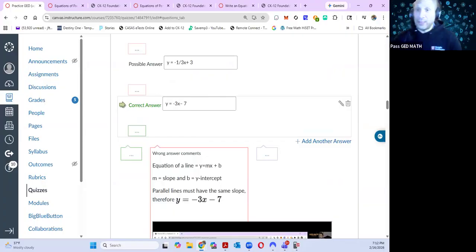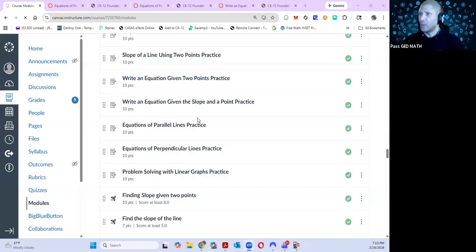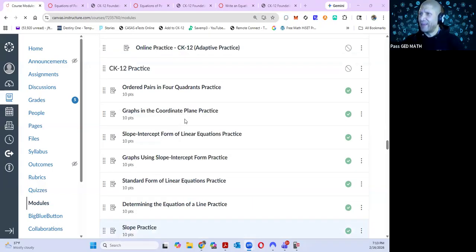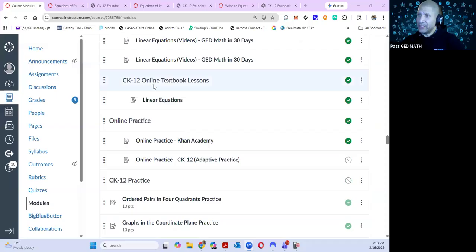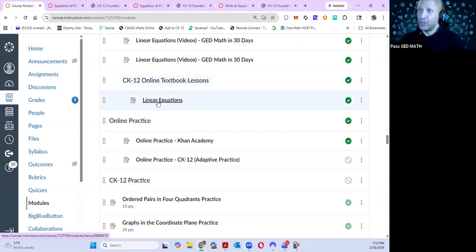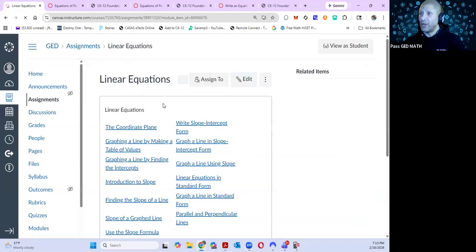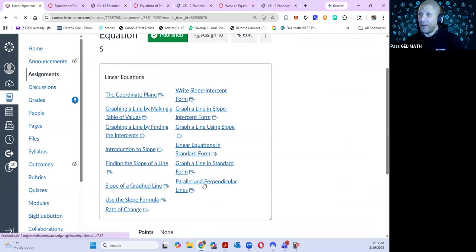Listen, I'm going to pause this real quick. Watch this. See where it says CK12 online textbook? Watch this. I'm going to go to linear equations. Whatever you don't understand: parallel and perpendicular lines, rate of change, finding the slope of a line, graphing a line in slope-intercept form, graphing a line by finding the y-intercept, the coordinate plane, whatever you want to do.